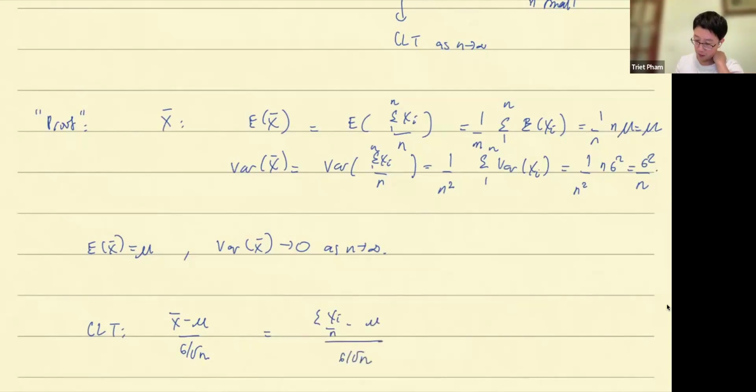If we multiply by n on both sides, this is the sum of (xi minus mu), multiplied by 1 over root n sigma, sum from 1 to n.